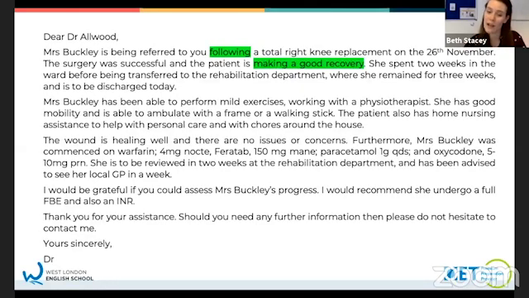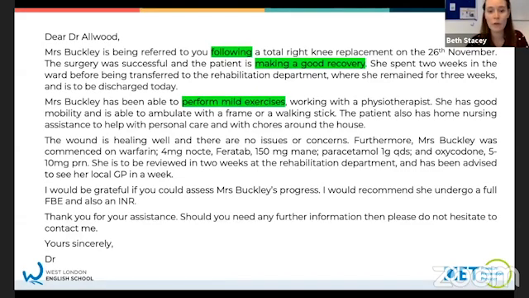Making a good recovery is quite simple, but it's just a nice collocation. I mean, you could change it and say the patient is recovering well, and that would work just as well. But with make, that's the verb. With recovery, that's a noun, and it's quite a nice common collocation. Perform mild exercises.